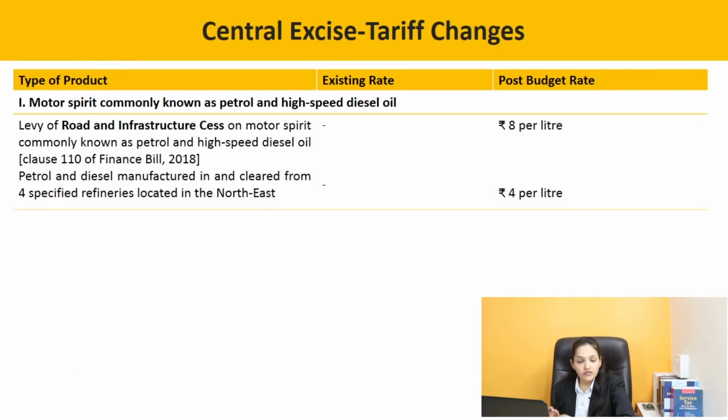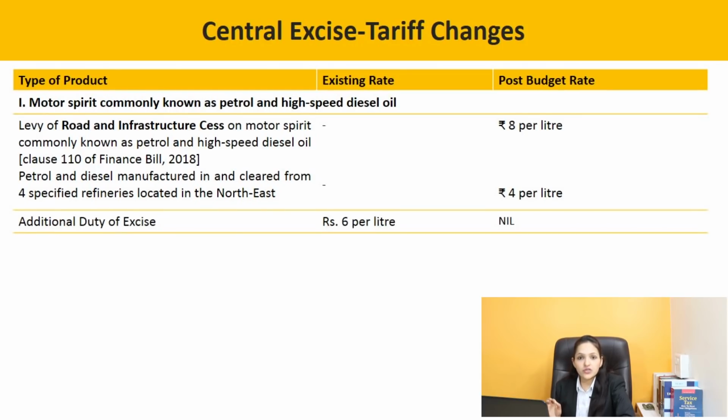Levy of road and infrastructure cess on motor spirit, commonly known as petrol, and high-speed diesel oil is being introduced at the rate of Rs 8 per litre, and in case of petrol and diesel manufactured in and cleared from 4 specified refineries located in the northeast, the rate of road and infrastructure cess shall be Rs 4 per litre.